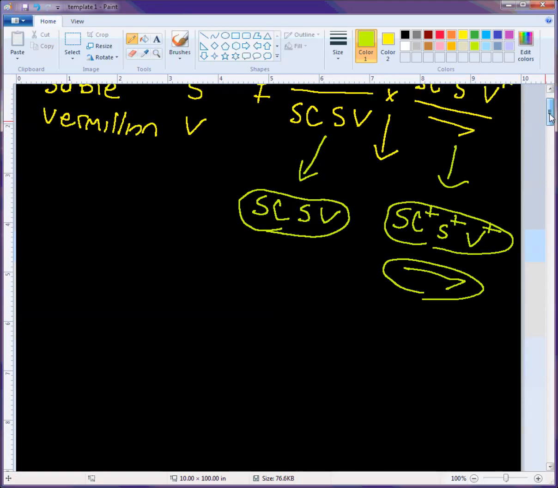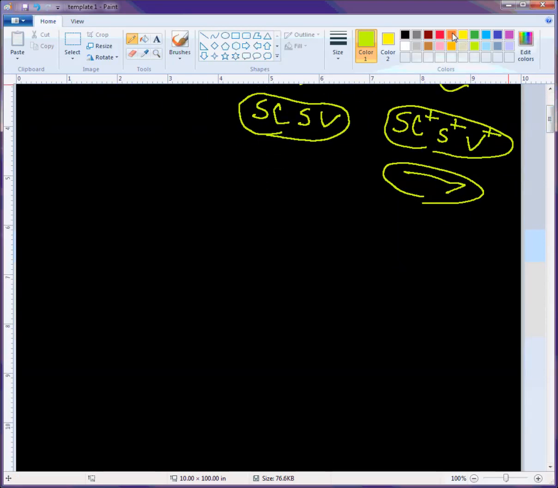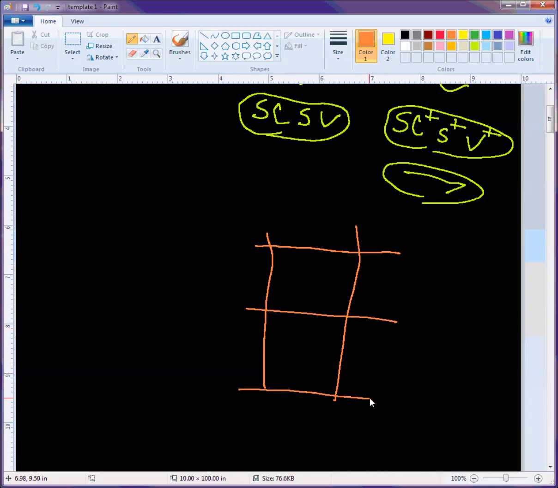So if we were going to do a very simple Punnett square, I would map it out like this. Only one column, and I would put the female gamete right here, one of the male gametes right here, and the other male gamete down here, and then we can fill in the 2 squares.